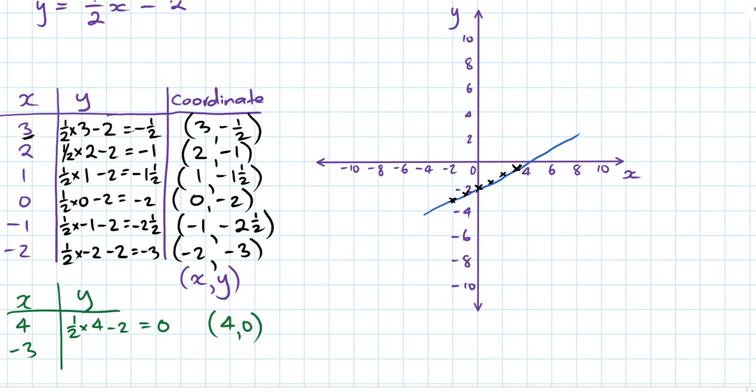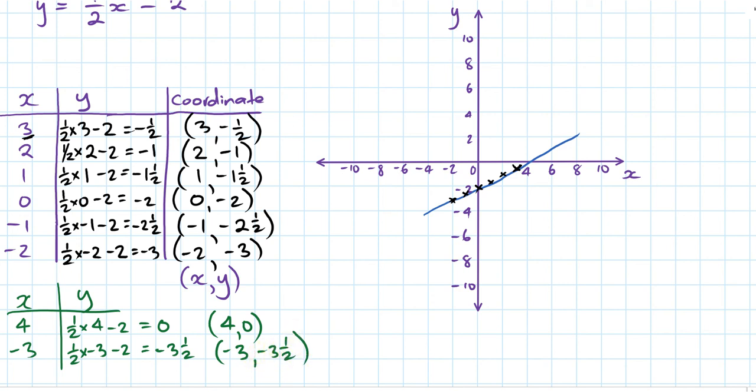And then if I did when x is equal to negative 3, then y is a half times negative 3. So a half times negative 3 is negative 1½, minus 2 will give me negative 3½. So when x is negative 3, y is negative 3½.